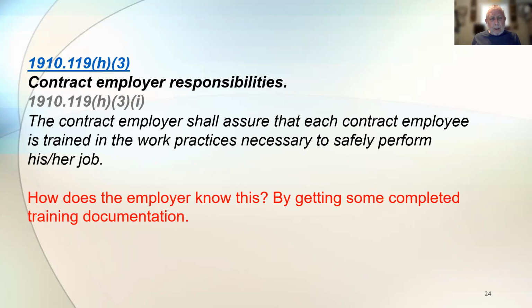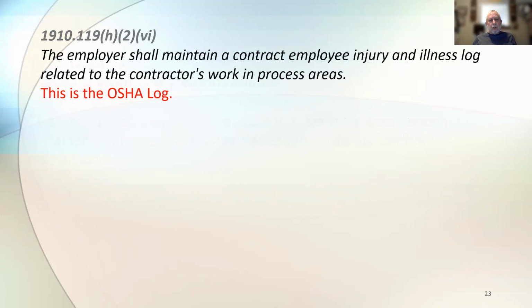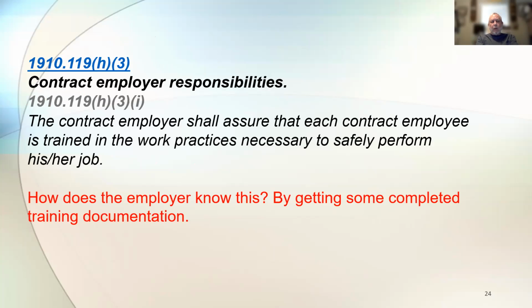Now, the contract employer's responsibilities, H2, now we're to H3, contract employer responsibilities. The contract employer shall assure that each contract employee is trained in the work practices necessary to safely perform his or her job. How do you know this? If you're the employer and you're bringing this contract employer in, how do you know they have been trained?